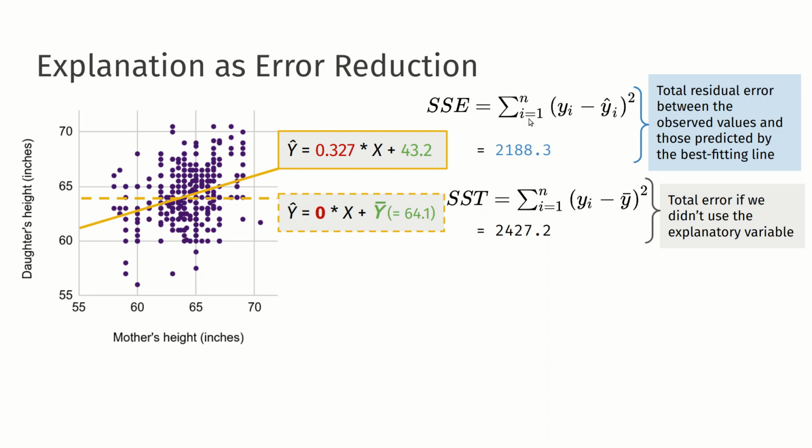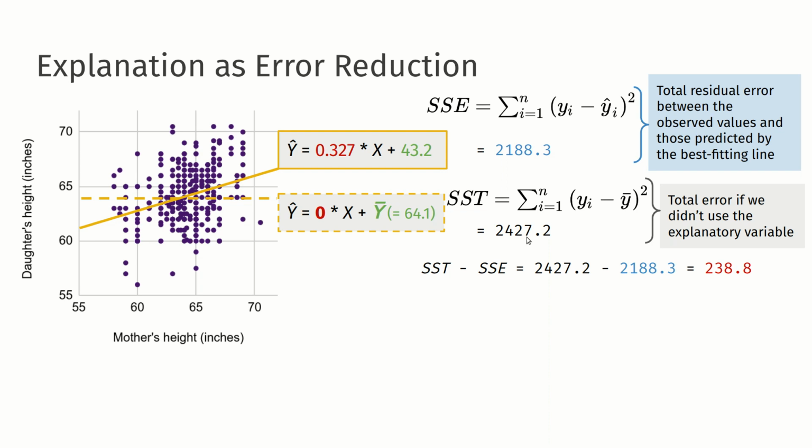This is how much we got when we did know what the explanatory variable was. So we can see that sum of squares is smaller. In other words, the sum of squared errors when we know the explanatory variable is smaller than when we don't.